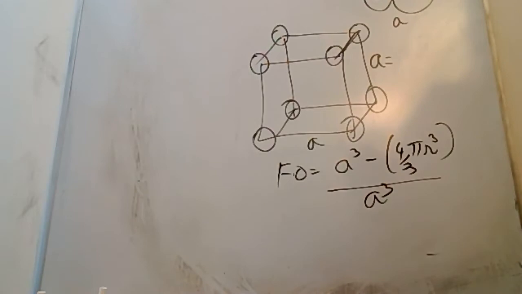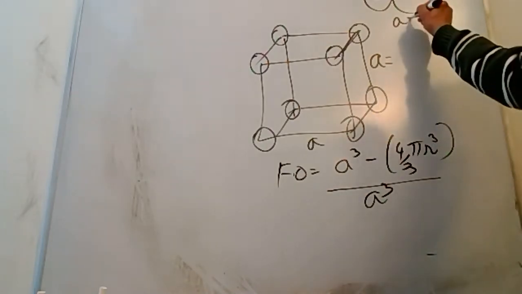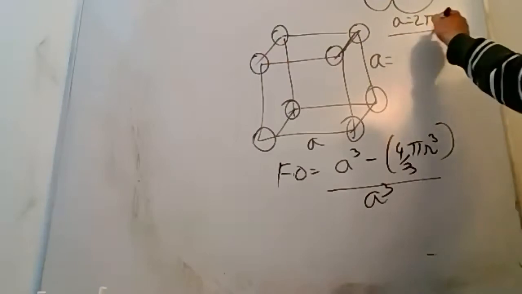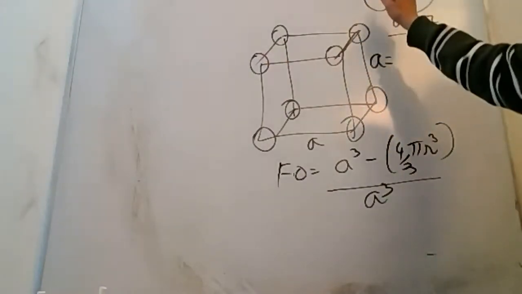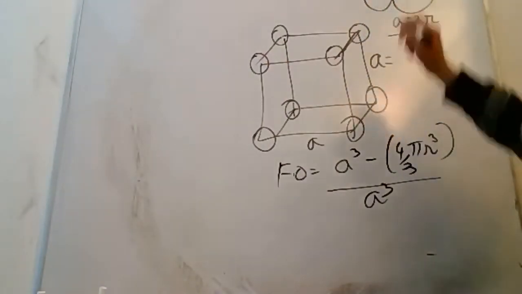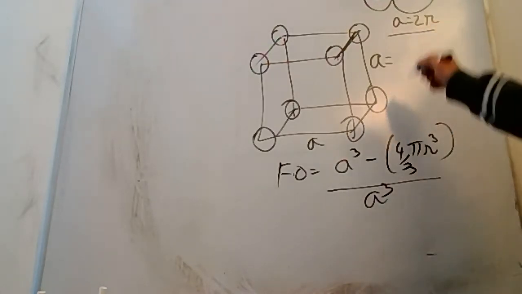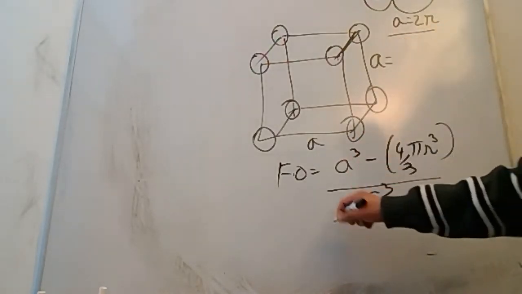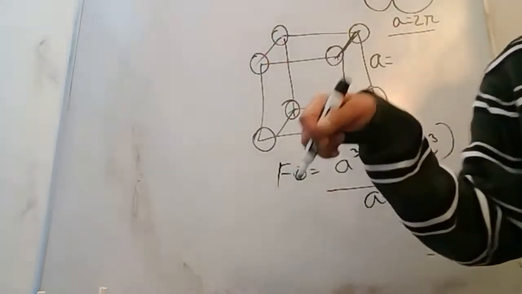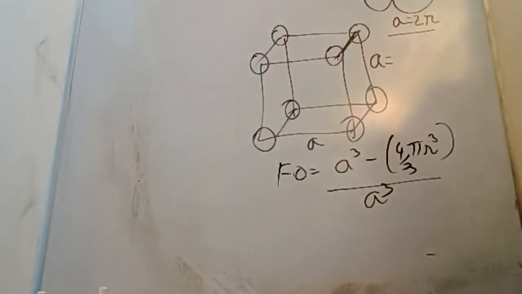You can unmute yourself and answer. 2R? Thank you. I don't know why this is such a difficult question, because you're physically looking at two atoms touching each other, and the distance between the radii is your length, because they're touching along the edge of the cube. So A equals 2R. So you can now plug in and tell me what the fractional occupancy is. You can do a quick calculation now.